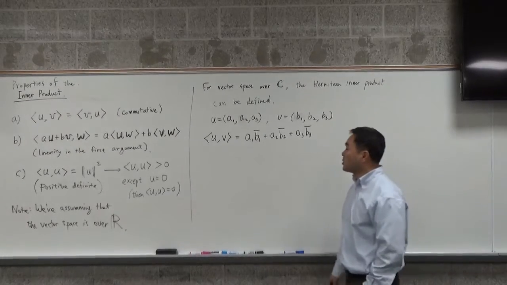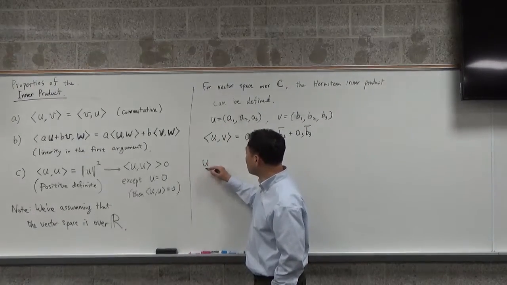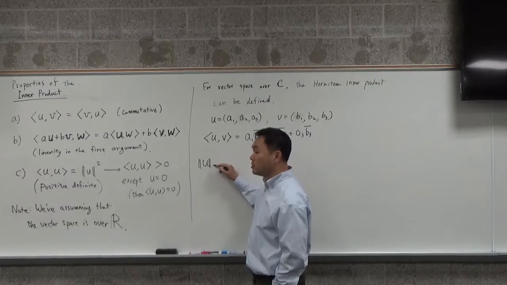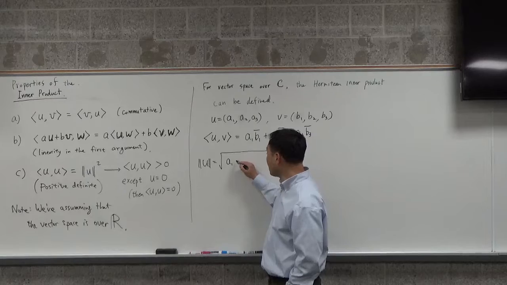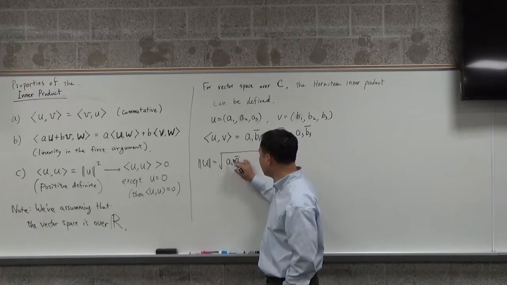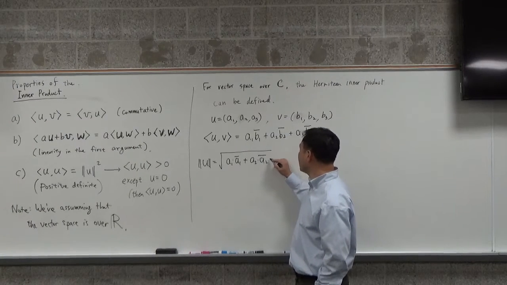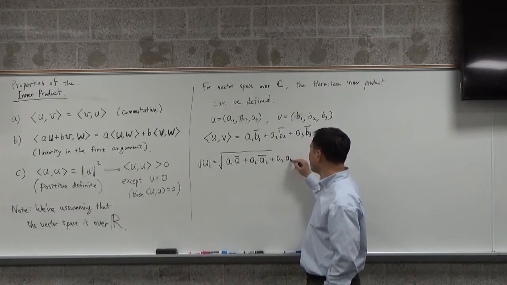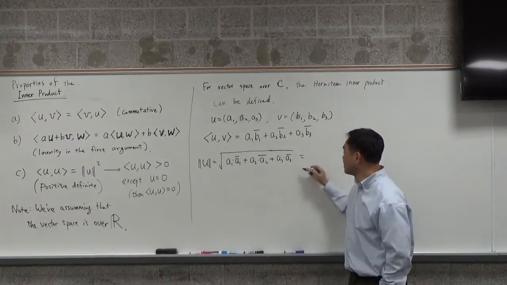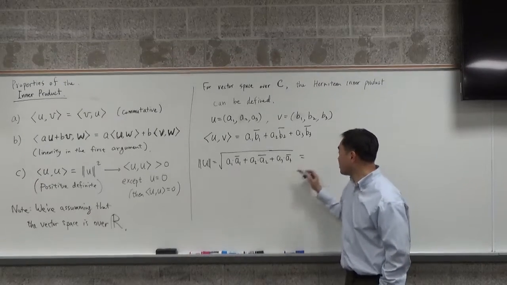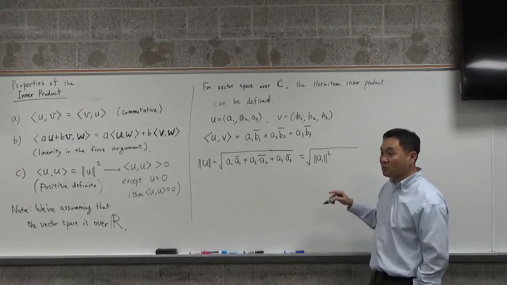And because of the observation that we had before, the norm of u would be the square root of not a1 squared, but a1 times a1 bar, plus a2 times a2 bar, plus a3 times a3 bar, where we just observed that, if these are complex numbers, what this calculates is really the length of this complex number squared.